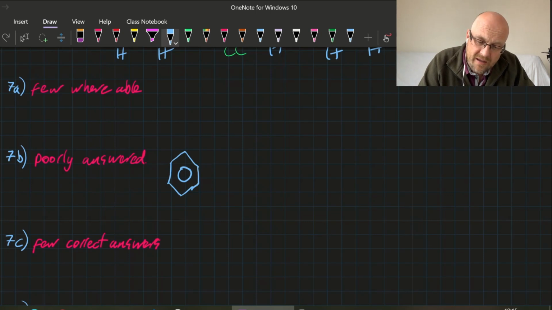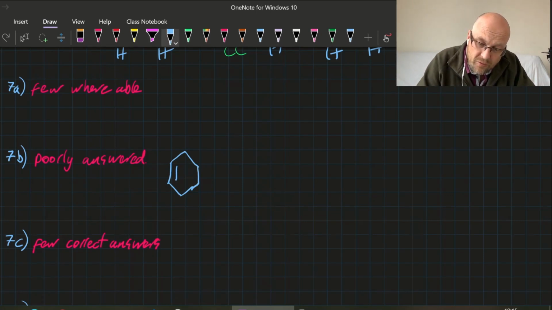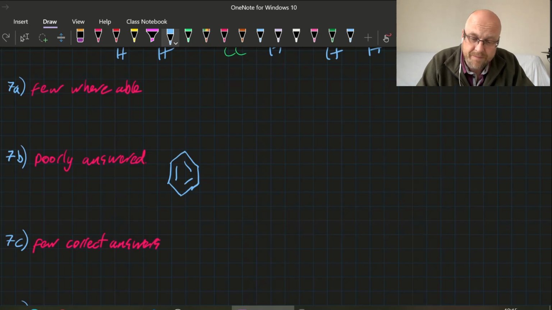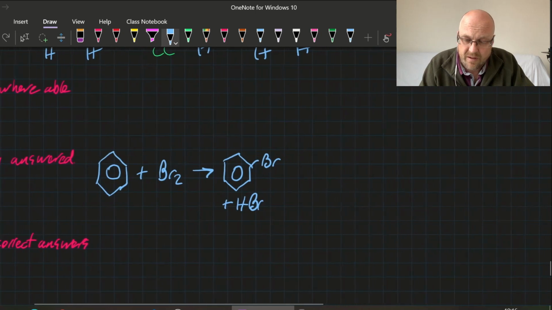You're going to retain those notional 3 double bonds there. So if I add bromine, what's going to happen is I'm just going to swap out a hydrogen on the ring for a bromine and make HBr, substitution reaction.